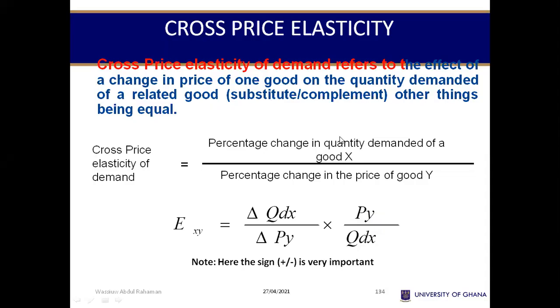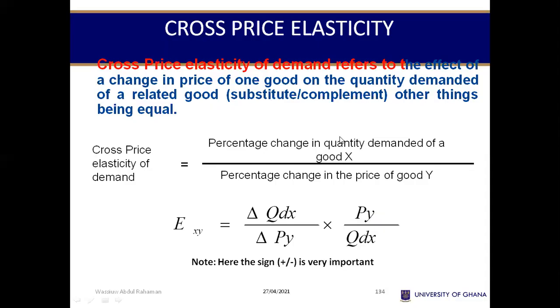Now, in the case of own price elasticity, we noticed that when you calculate it, it always gives you a negative figure, unless you are dealing with a Giffen good. For cross price elasticity, you can get a negative or a positive figure. If it is positive, then it tells you that both commodities are substitutes.